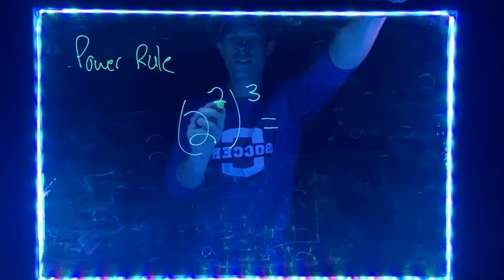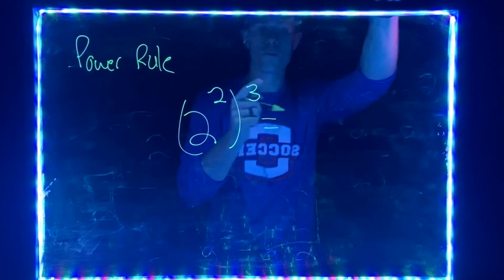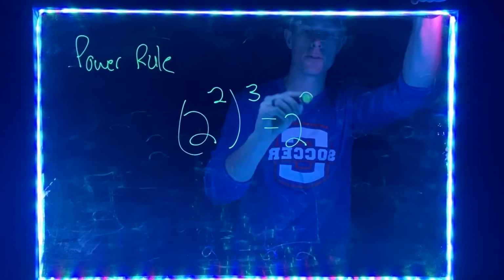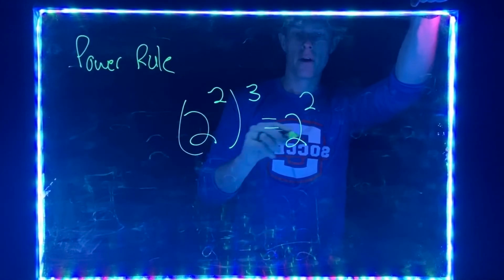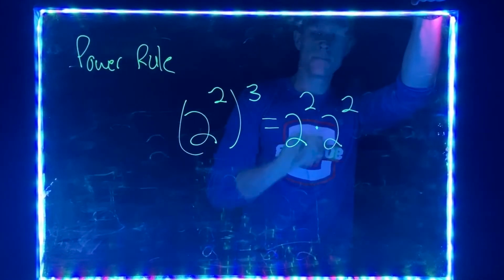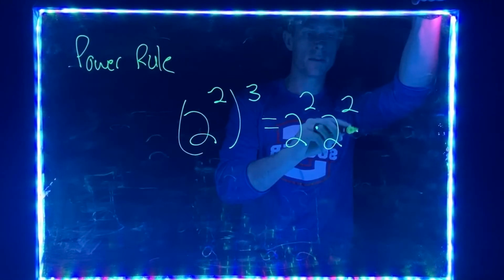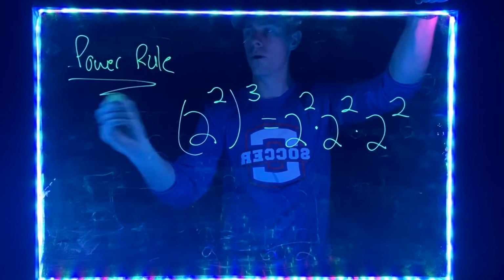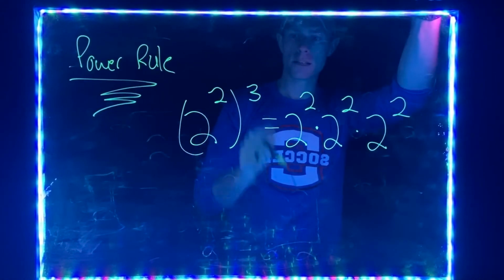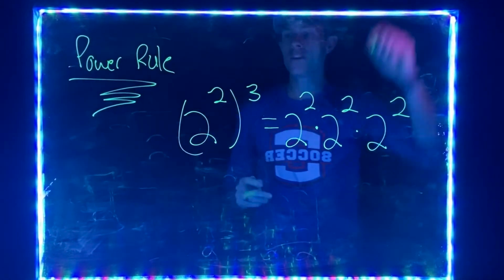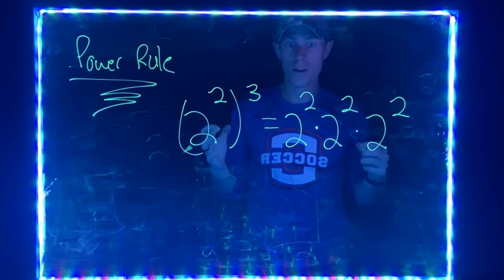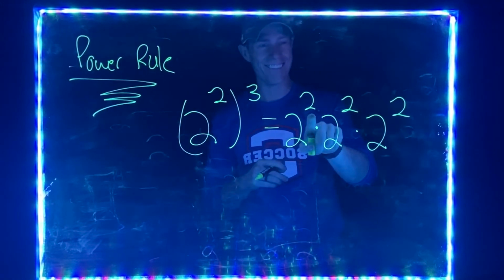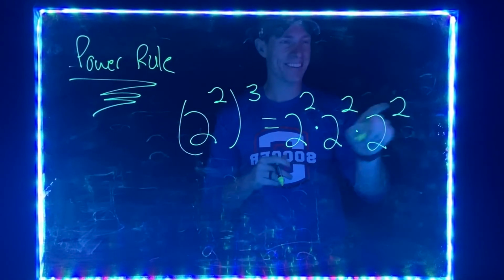And what this has is an exponent raised to an exponent. So essentially it's saying 2 squared times 2 squared times 2 squared. This is the power rule. And then you think to yourself, oh, look at that. That's multiplication.